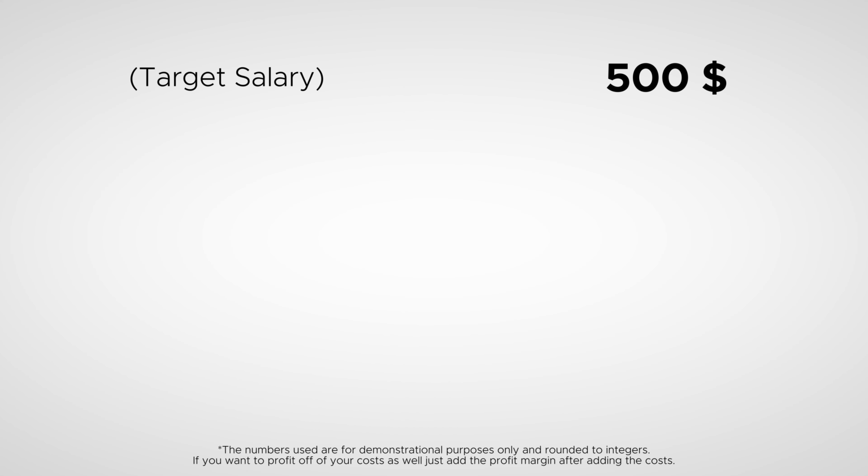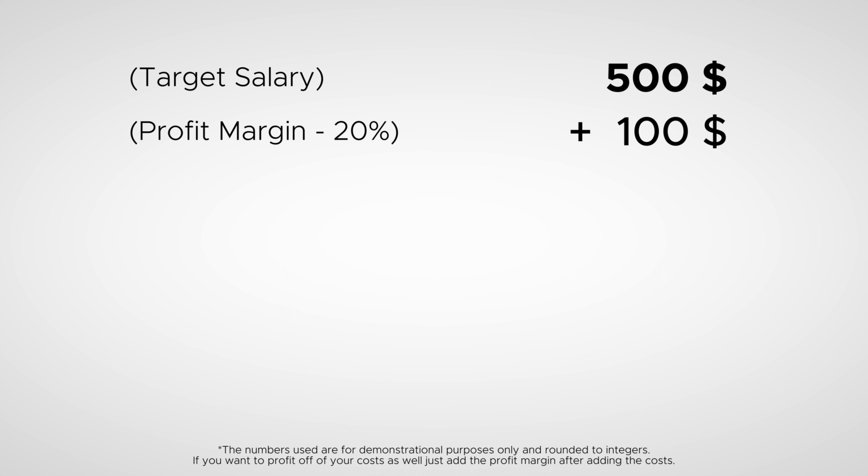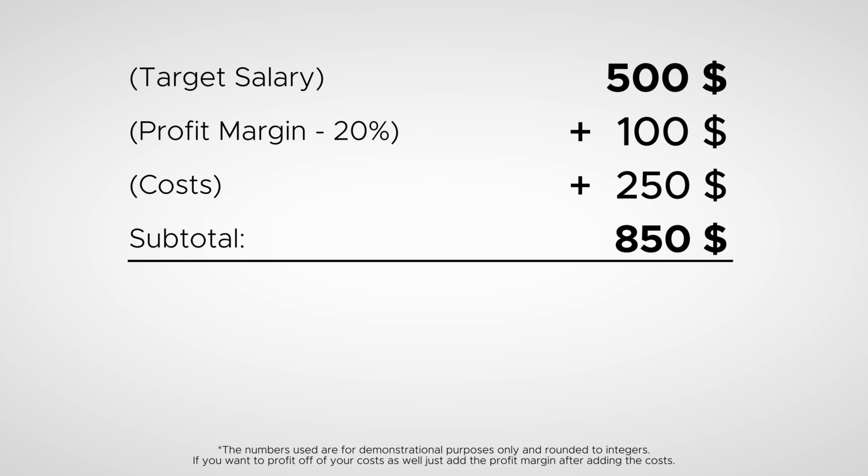We will start with 500, which is our target salary. We'll then add our business's profit margin, in this case 20%, which will bump up our day rate to 600. Then we'll add the costs we previously defined for equipment and software rental at $250 per day. This will increase our day rate to 850. Now we have to account for tax and insurance payments. Like I said previously, I go with roughly 25%, so this will bump up our day rate to $1,060.